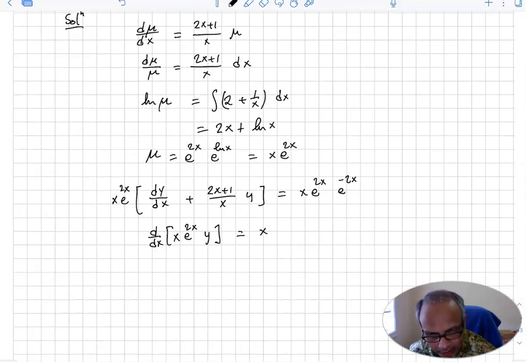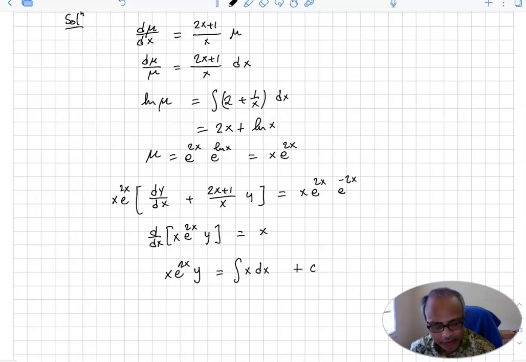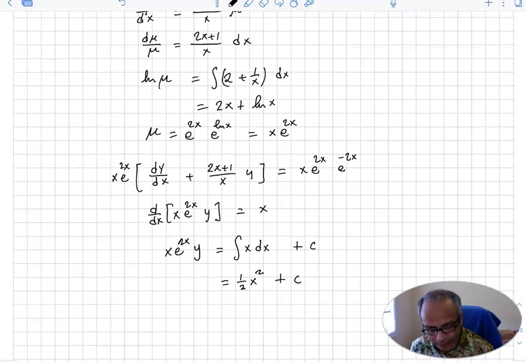By integrating this quantity, you get the integration of x and then a constant of integration. So on the right hand side, the integration of x is half of x squared plus c.